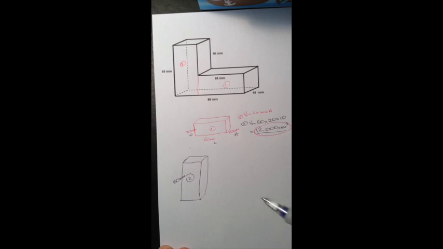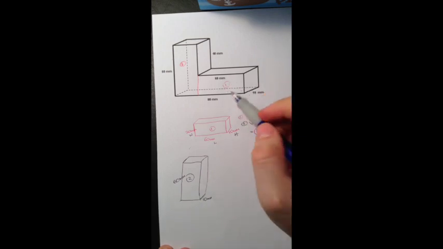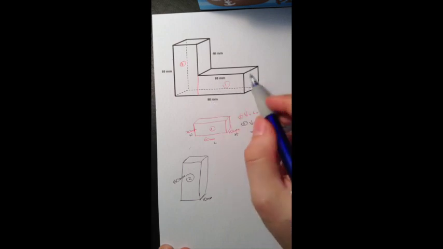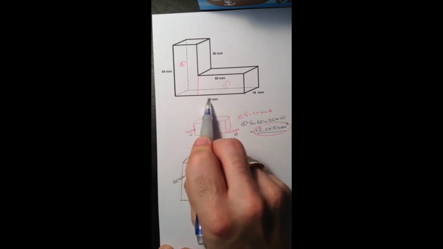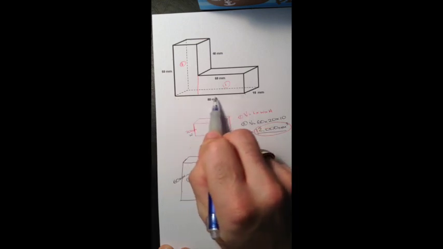Okay, now we need to know the depth. Let's have a look at the depth or the height, the capital H that we give it. Okay, it's this side here, and it's going to be the same as our original shape. So that doesn't change, so that's going to be 10 millimeters. And the last side that we need to know is this bottom part here. Now again, if we go back to our original shape, from one side to the other, our shape is 80 millimeters long, all right?